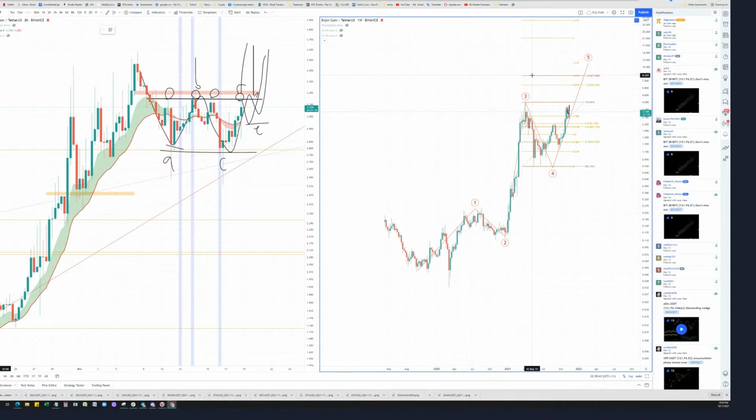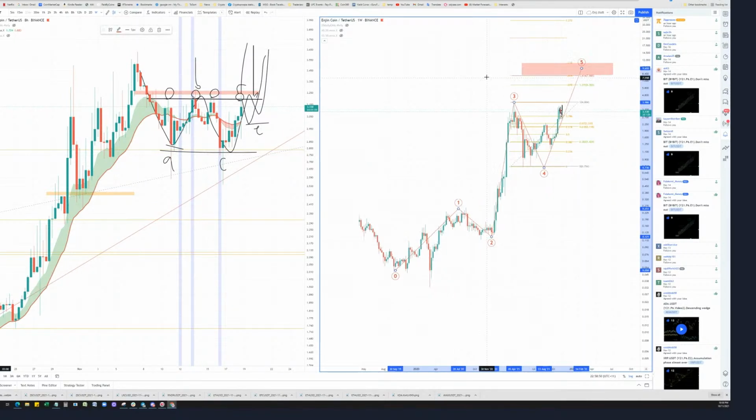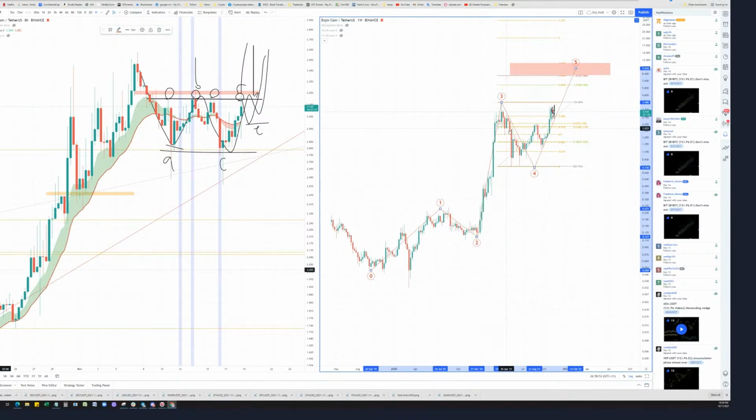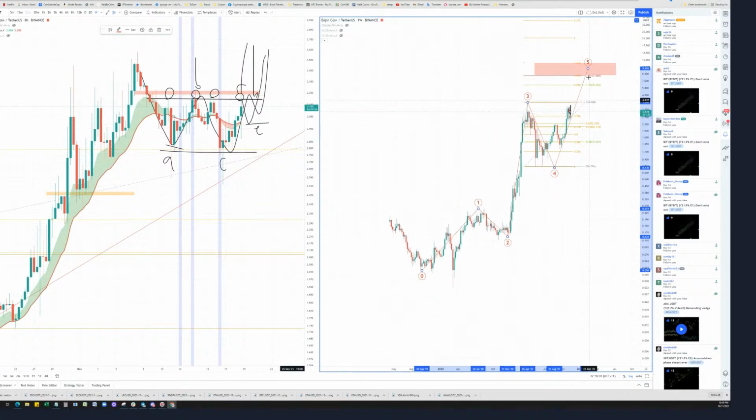So between $8 and $10 or $11 is our wave 5 before we get a major correction. And when I say major correction, it's not just a bear market. I think Bitcoin's still going to go through a few phases. So yeah, that's what I see.